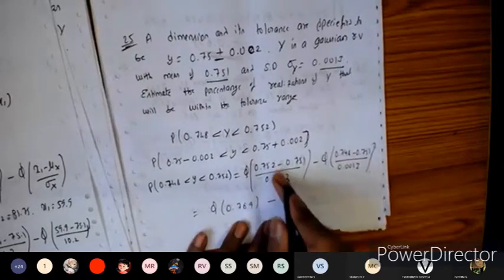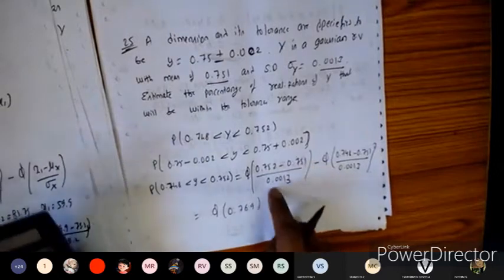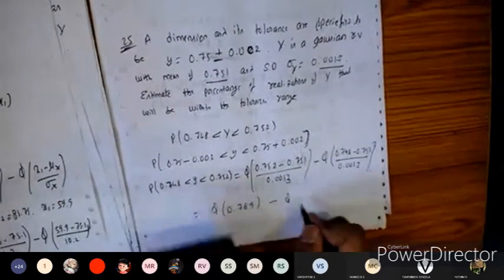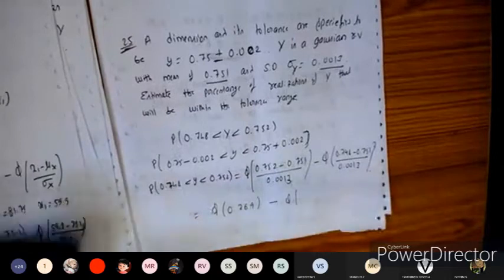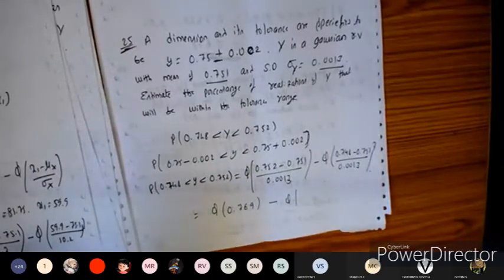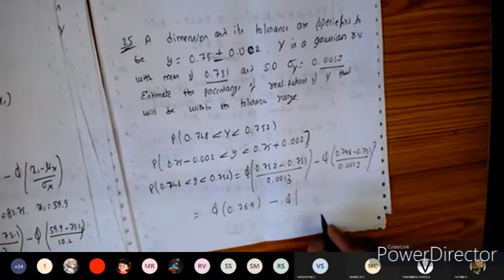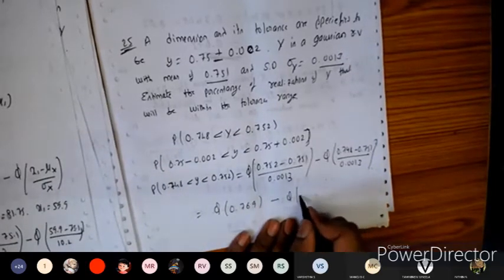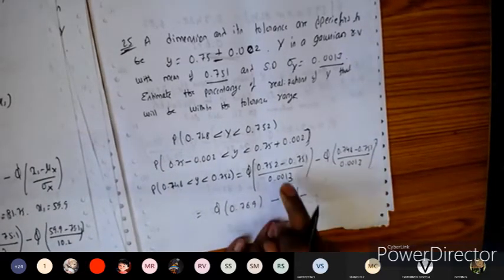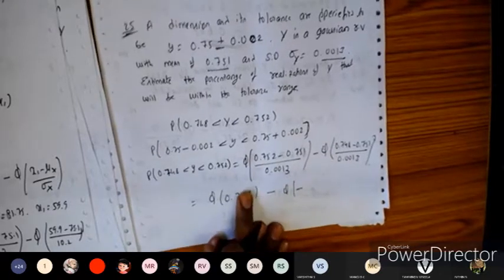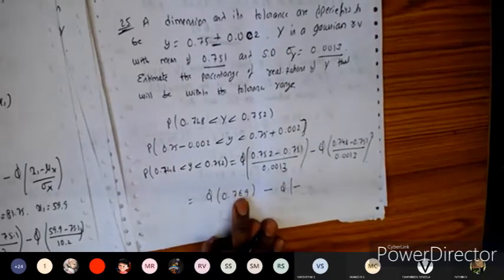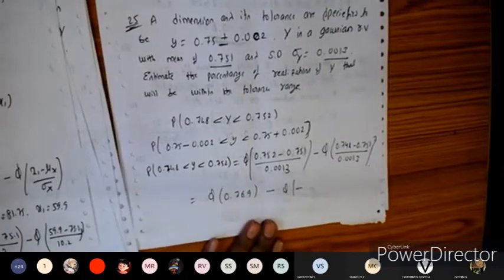So you'll get the same answer, no? 0.752 minus 0.75 divided by 0.013 minus phi of. Doing, everyone? So do this one, otherwise you can't find out. So this will become minus 0.2231, no? How much you'll get? This answer is correct, minus 0.769. Can I get the answer?